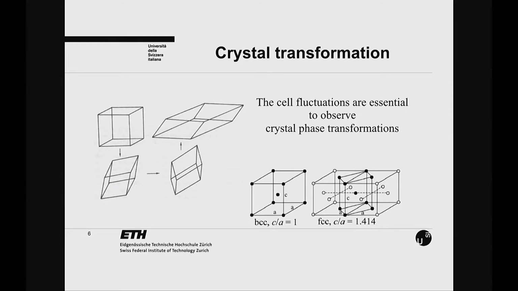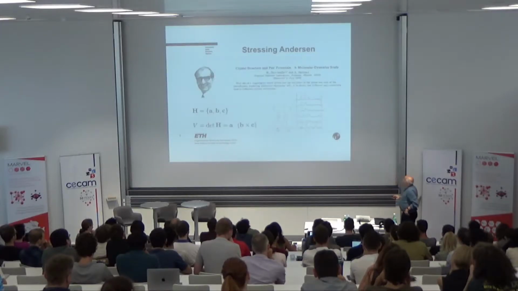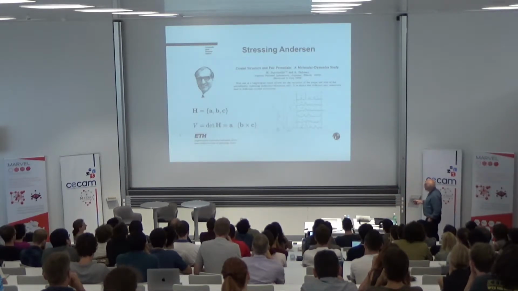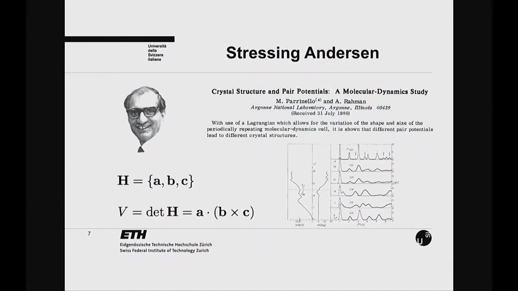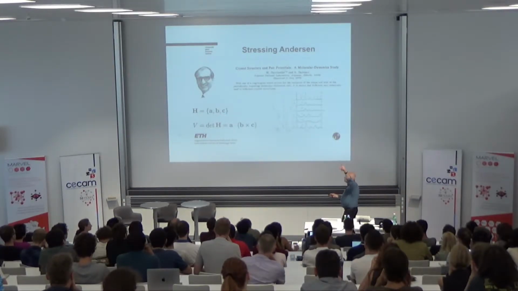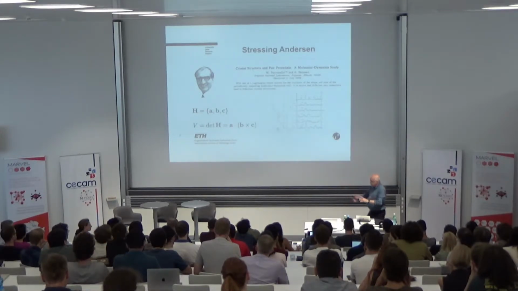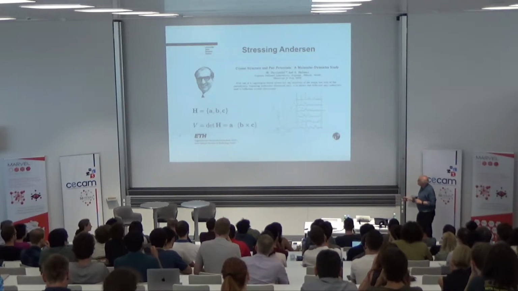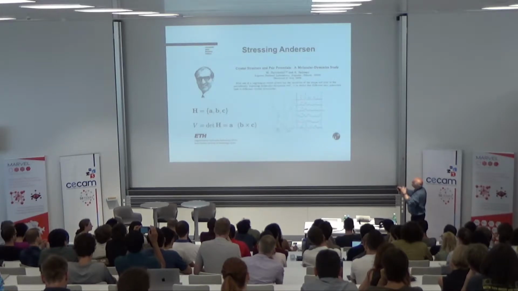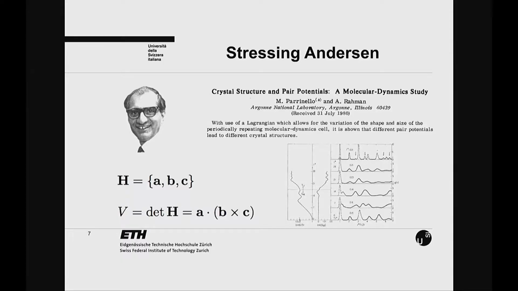And so it was natural there to use the ideas of Hans Christian Andersen and supplement now construct a Lagrangian, which I will not write, but which contains as a variable the three axes of the cell, A, B, C. This is the volume, and you allow the things to change, and so indeed it did work. Okay.